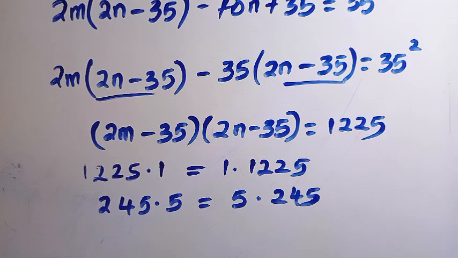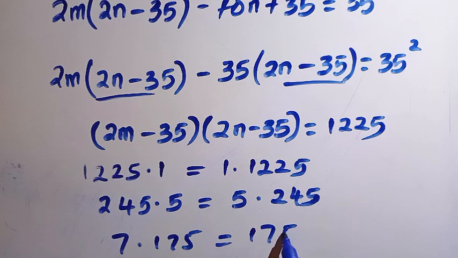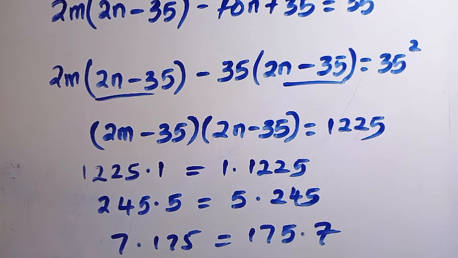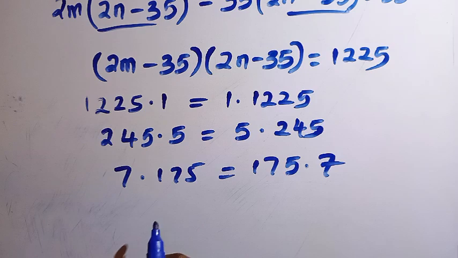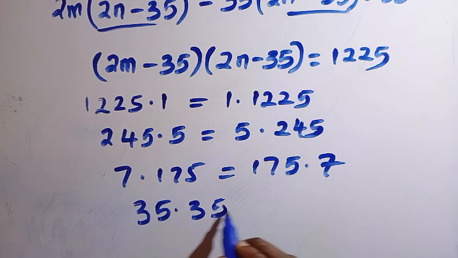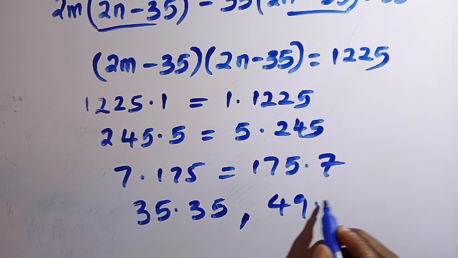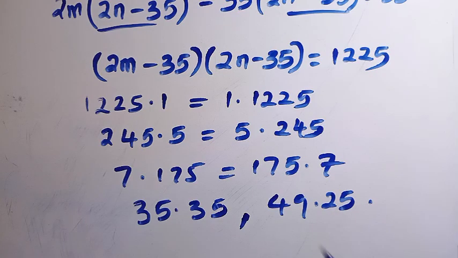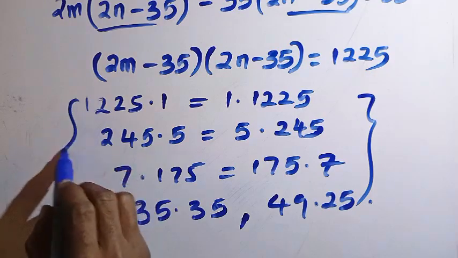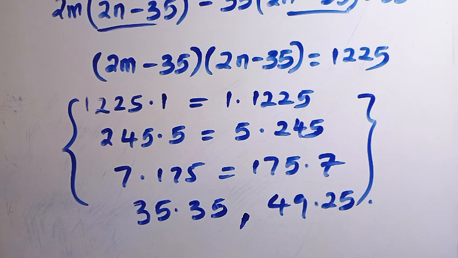Then the third case is by multiplying 7 by 175, which is the same thing as 175 multiplied by 7. And again, we can still have 35 multiplied by 35. And the final is 49 multiplied by 25, or 25 multiplied by 49. These are all the cases we are going to consider for getting m plus n.